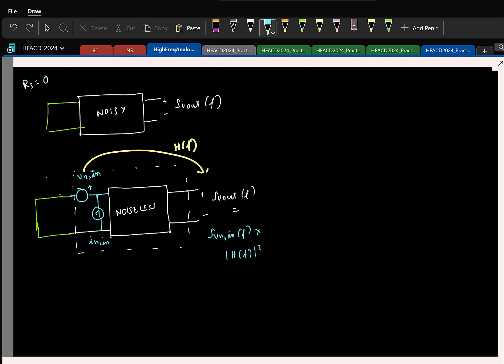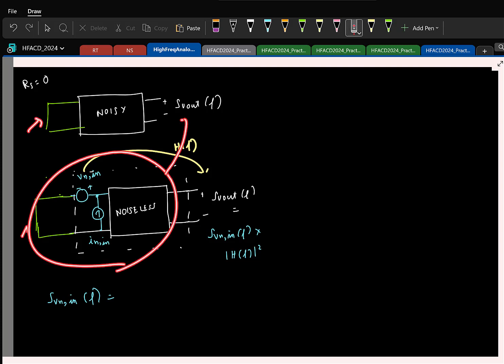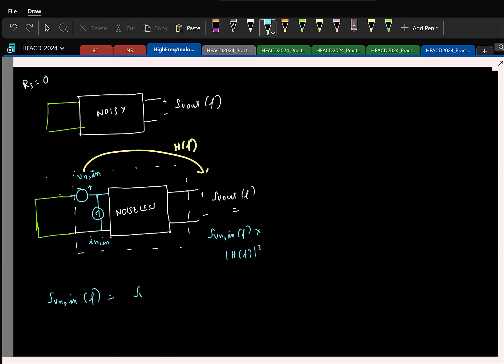So from this, tell me what should be Svn in of f. I need to make sure that in this case, this models this noise. So this should be equal to Sv out of f. Fine. Now this is for finding the noise voltage.